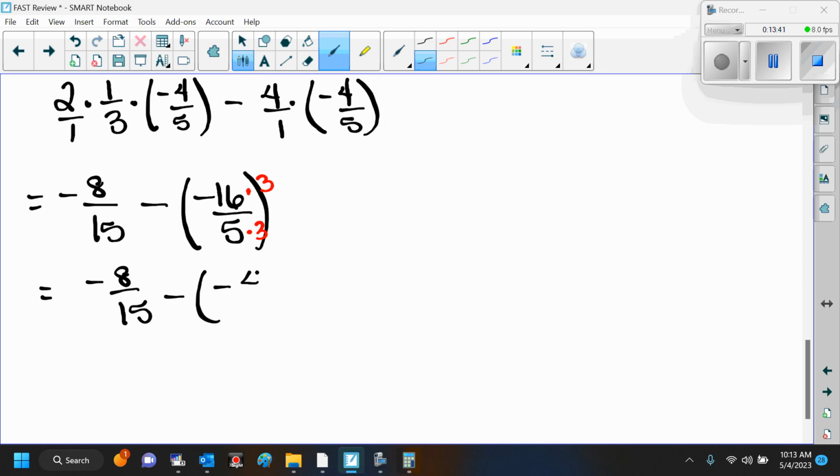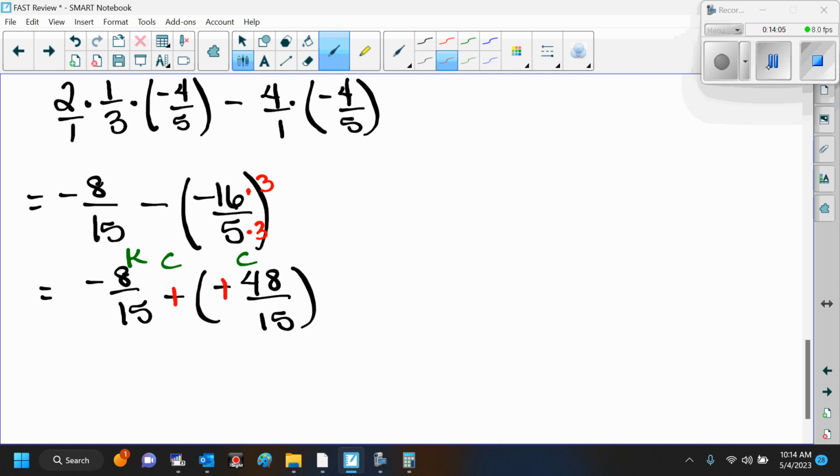Oh gosh, I knew that. 48/15. Everybody good? Now, what do I do when I'm subtracting signed numbers? Keep, change, change. Very good. Keep, change, change.